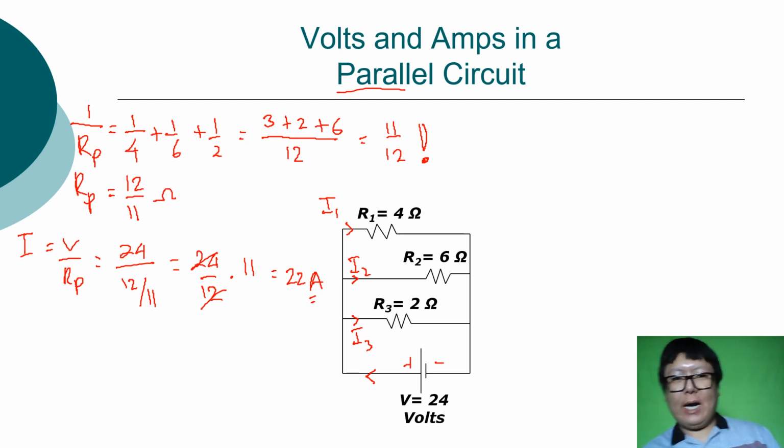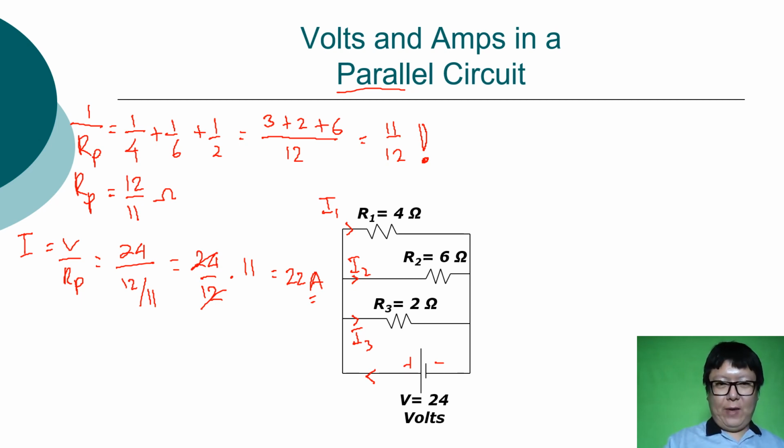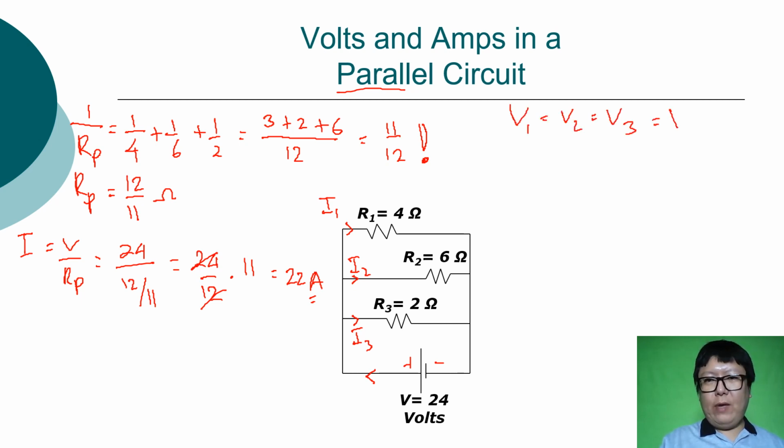After you get the total current in this circuit, then you can find the I1, I2, and I3. Because this is a parallel circuit, we can assume that the phi1 is equal to phi2 equal to phi3 equal to the phi total, equal to 24 volt.